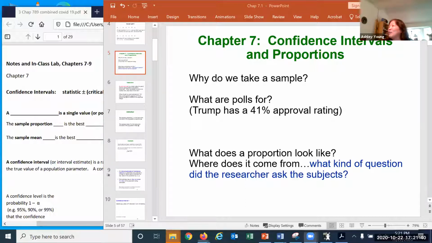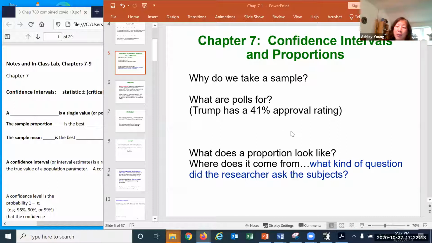To get a temperature or draw some kind of conclusion about the phenomenon you're seeing, but you can't measure everybody, so you have to measure the small piece. Does that make sense for folks? So she's saying we want to know what everybody in the whole country thinks about Trump. So why can't I just ask everybody?